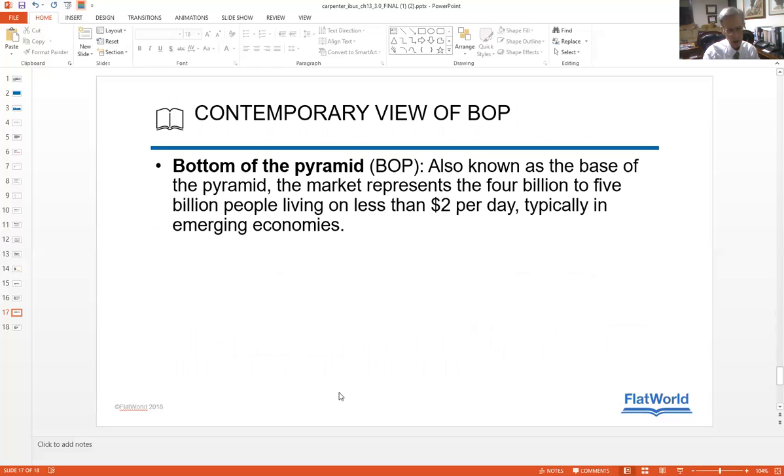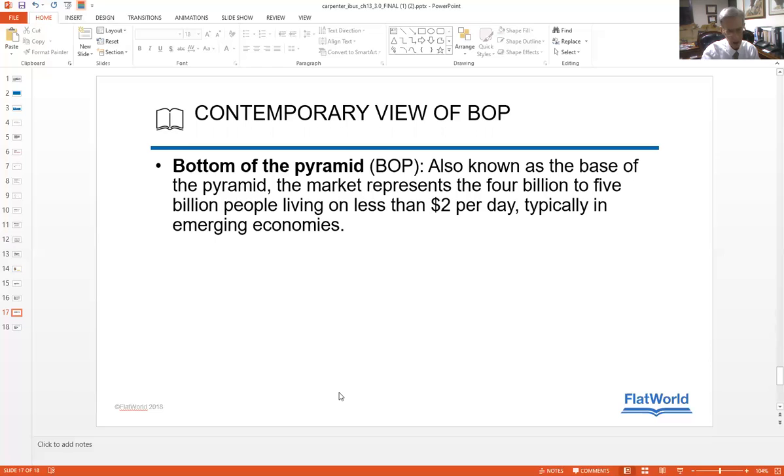I think I mentioned it in an earlier video, but the bottom of the pyramid in a country like India, India has about 1.35 billion people, and the people up here maybe are the 0.35. And so what do you do with this bottom of the pyramid down here?